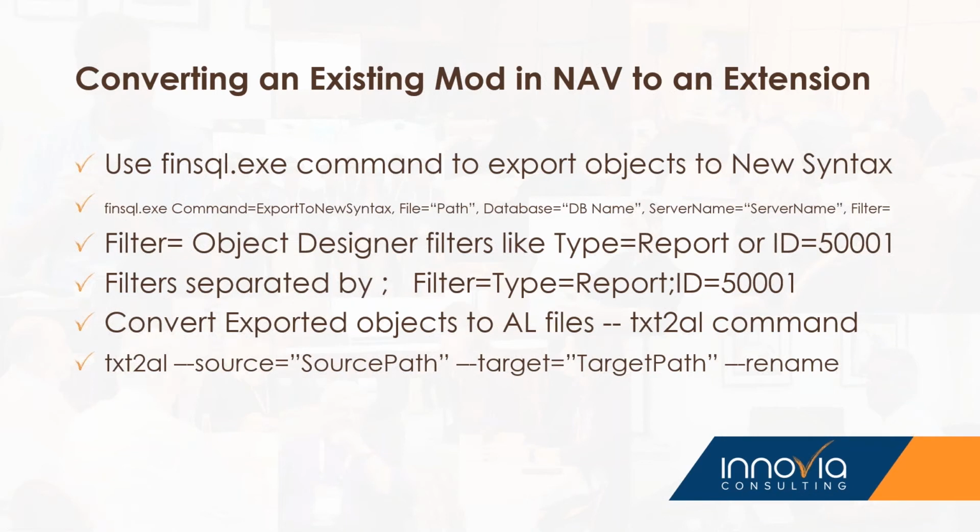It has a switch that you can use to export the objects into the newer syntax, so you can convert these into AL files. And then we will be using the text to AL utility they provide, which is a command line utility, and that will basically convert these objects into AL files, which you can then put into a project and compile as an extension.